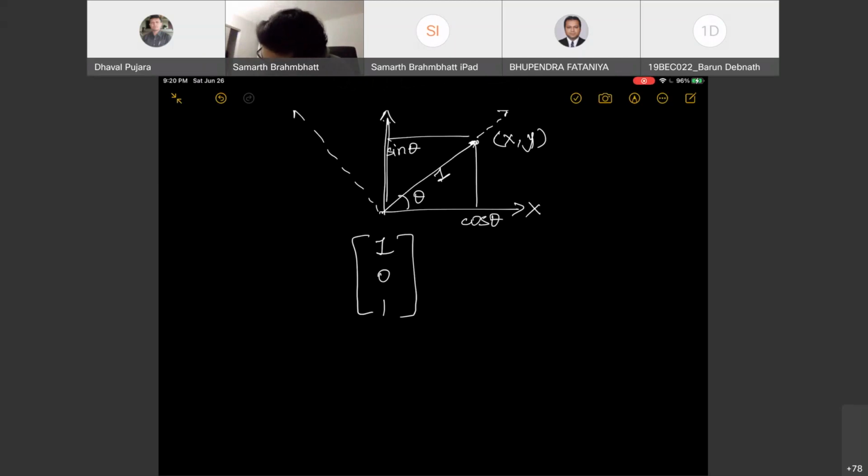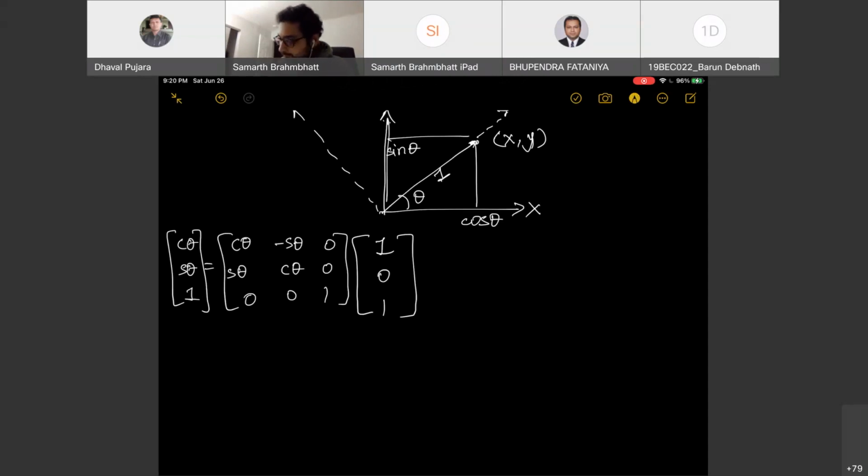So the rotation matrix, with C and S, gives you cos theta, sin theta, and 1. What this means is that you have effectively rotated this point. So both of them are equivalent.